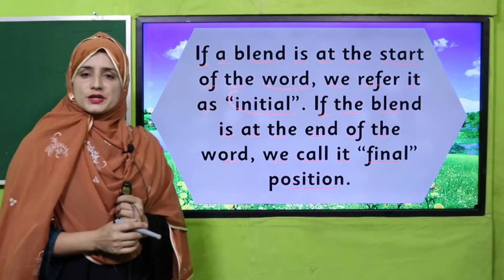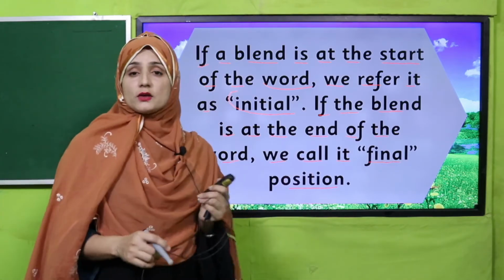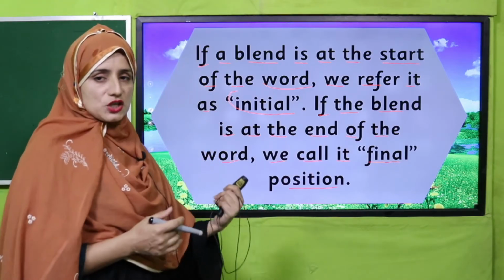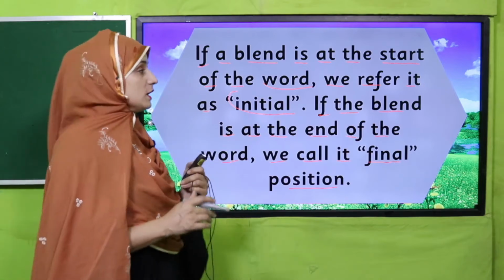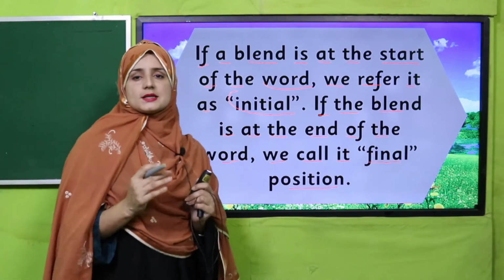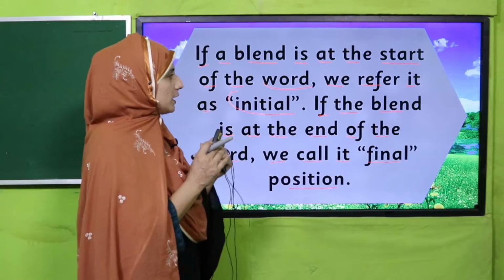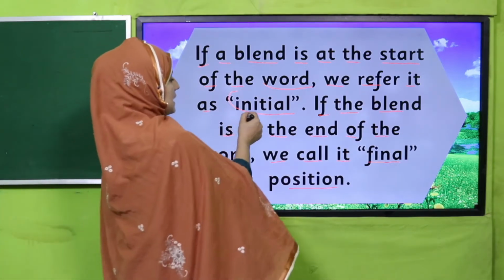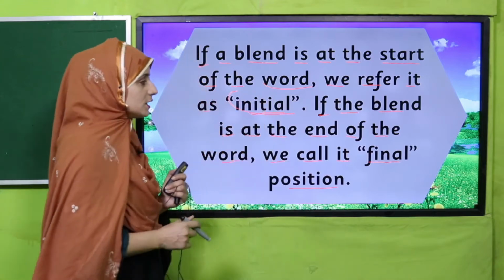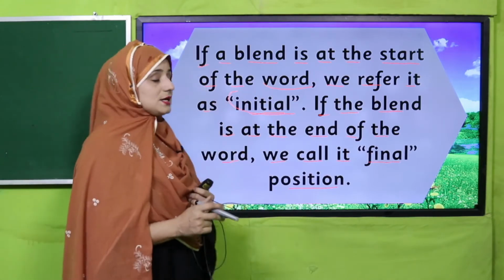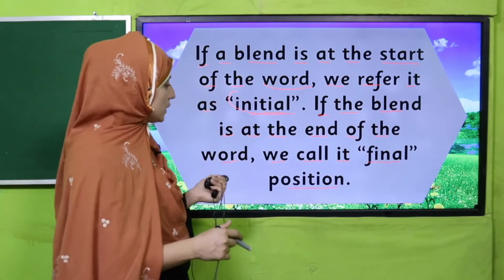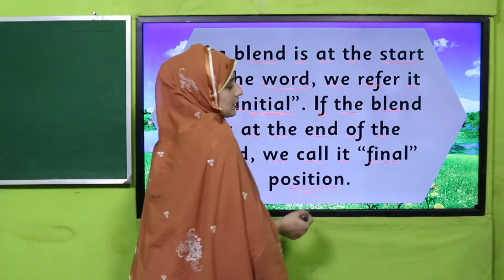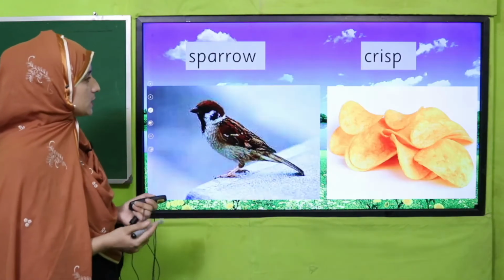Yes, my dear students, two positions are there for consonant clusters, initial position and final position. When two letters are blended at the start of the word, we say it is an initial consonant cluster, and if the blend is at the end of the word, then we call it a final consonant cluster. Let's have a few examples.